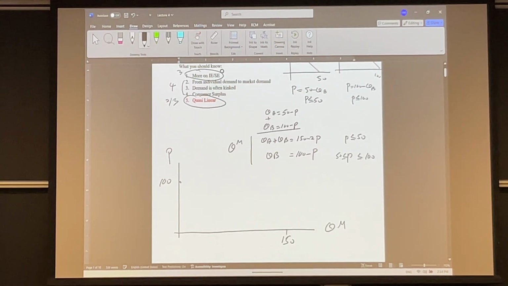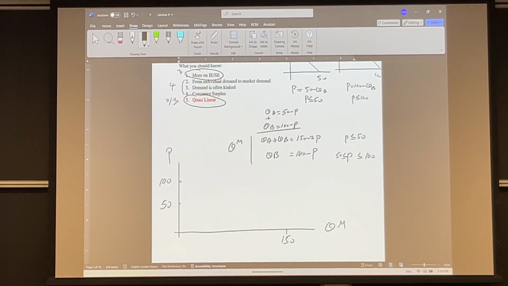But the demand is kinked at 50. That is where the two segments of market demand cross each other. 50 should be in both of them. If you put 50 in this, you get 50. If you put 50 in that, you get 50 as well. That is the intersection of our kinked market demand. This is our market demand.